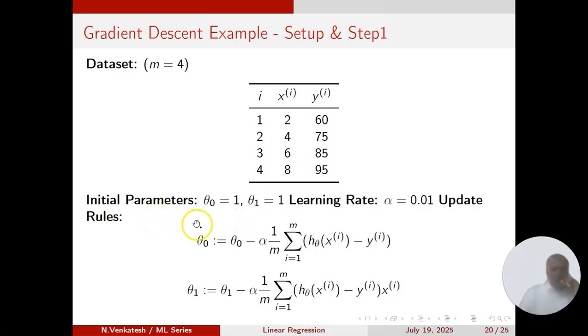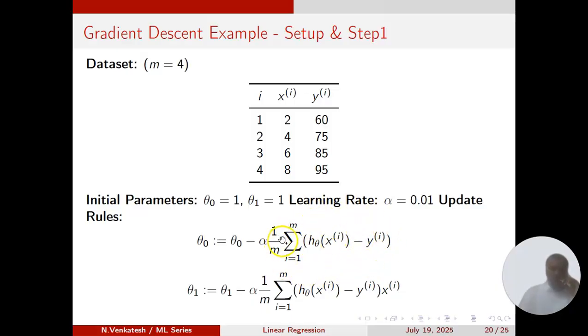And we have to update. For updating, this factor is simply the total error over all our training examples, that is sigma i equals 1 to m of h theta of xi minus yi, because h theta of xi minus yi is the error, summed over all training examples.